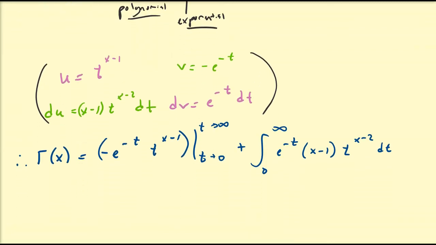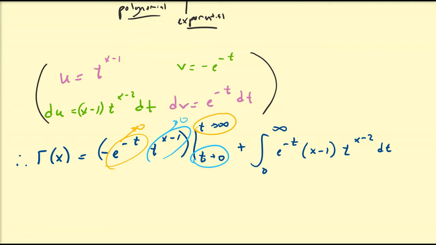So as t goes to infinity, our exponential is going to go to 0. And as t goes to 0, t to the x minus 1 is going to go to 0. And you can verify those via L'Hopital's rule if you wish, at least for the infinity portion. So this leading coefficient term is going to go to 0.